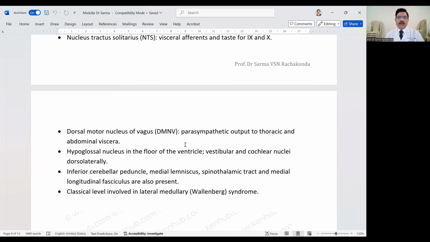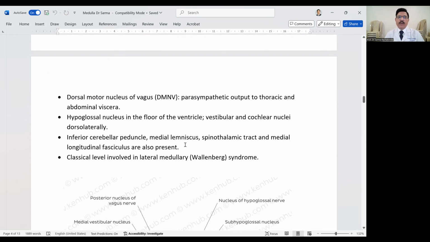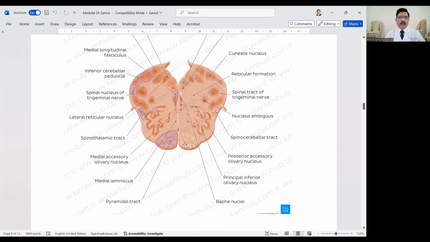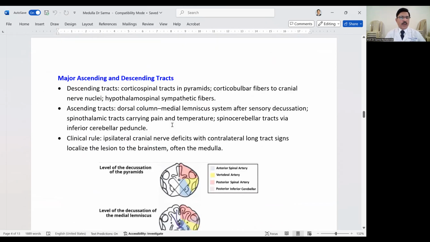The classical level involved in lateral medullary syndrome is called Wallenberg syndrome. Okay, so we are talking about this one. Wallenberg syndrome is somewhere here. This is the ventral part with the major ascending and descending tracts. What are the major descending tracts?